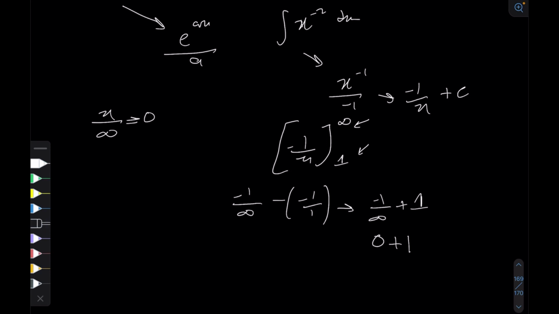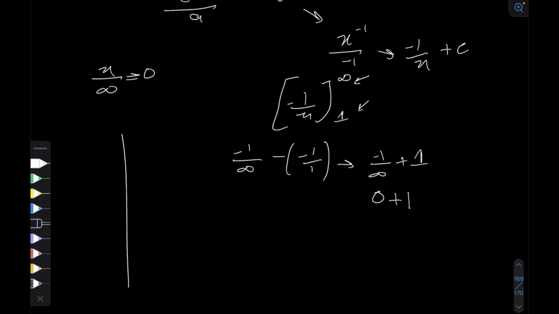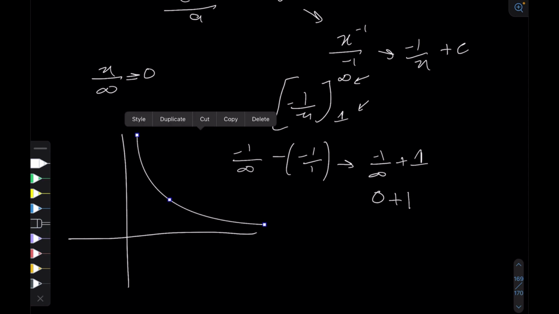So let's take a look at what x to the minus 2, or 1 over x squared, looks like. It would look something like this. It will be a graph that's getting smaller and smaller, and as x is increasing, it's getting closer and closer to the x-axis, although it's never touching the x-axis.